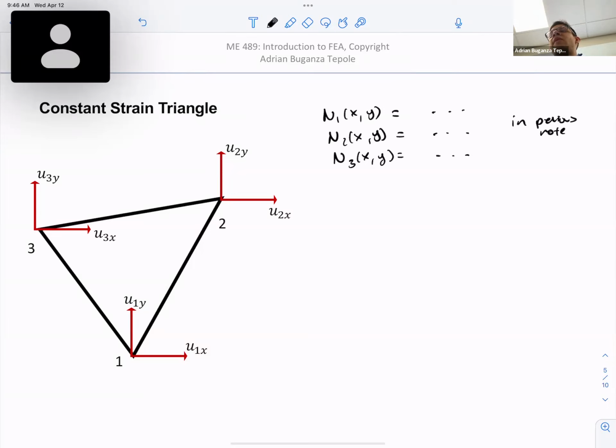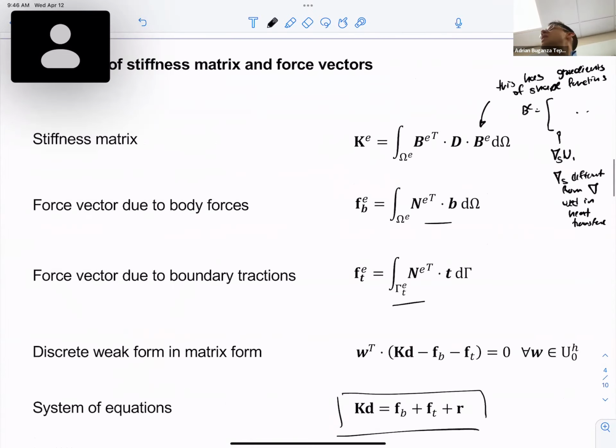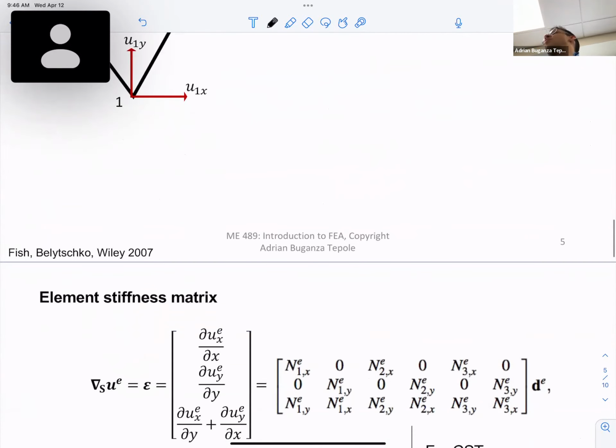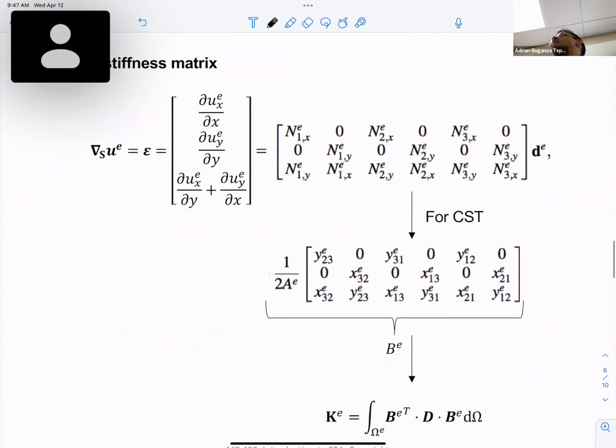We have an explicit version of the shape functions in terms of x, y. And because of that, we can easily get the different derivatives. So when you put those shape functions and those derivatives into the integrals here, then we can get an explicit representation for the B matrix.